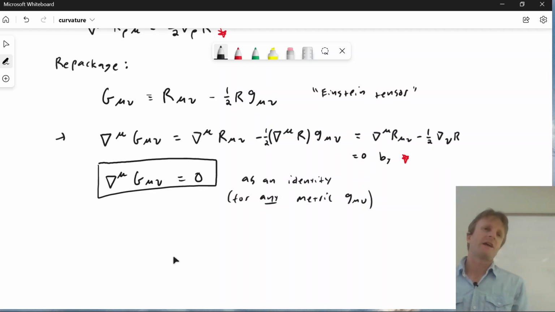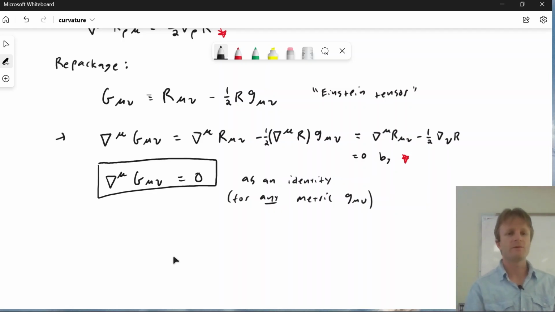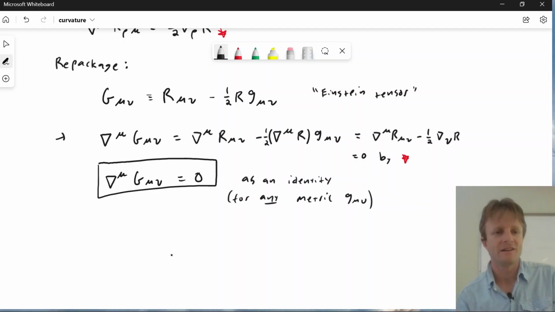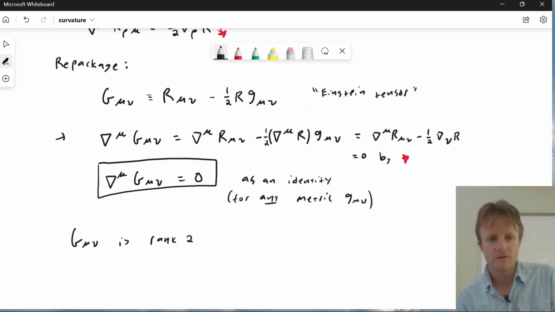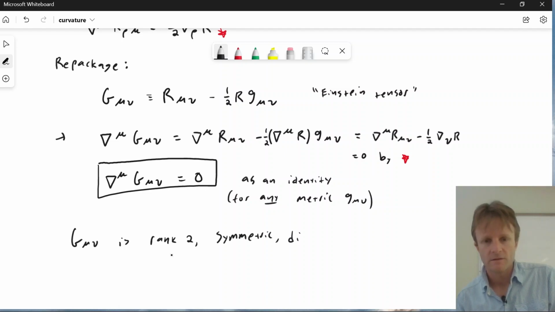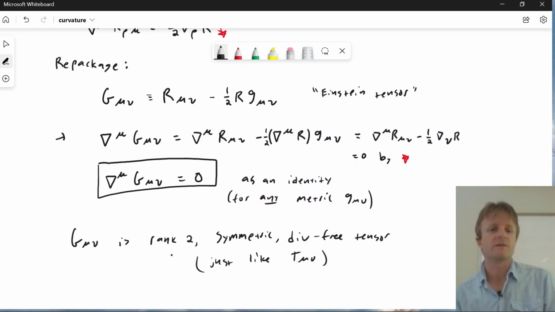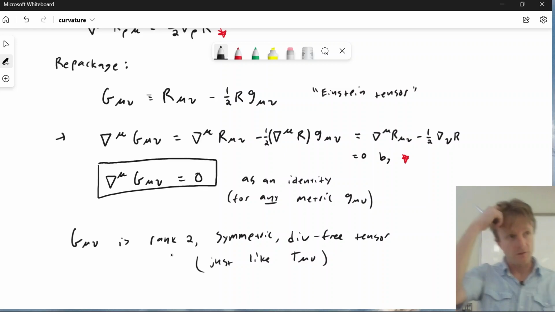So it ought to have the properties of a stress energy tensor, like symmetric and divergence free. Divergence free is the conservation. And so we've now found, G mu nu is a rank 2 symmetric divergence-free tensor, just like T mu nu. So that's what's going to make it, in fact, proportional to T mu nu. That's going to be Einstein's field equation.